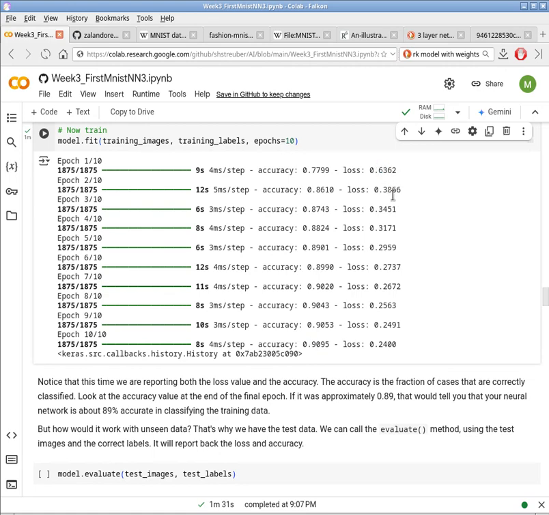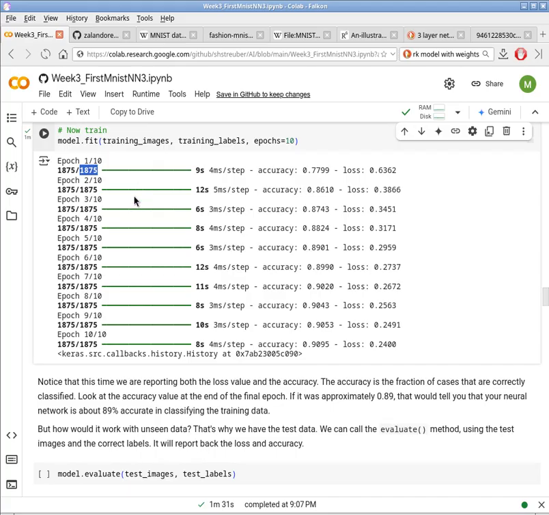It started up here after the first batch. 1875 times 32 is about 60,000, so the data went through in 1875 batches of 32 each, where after each batch it applied the Adam optimizer to nudge the weights.